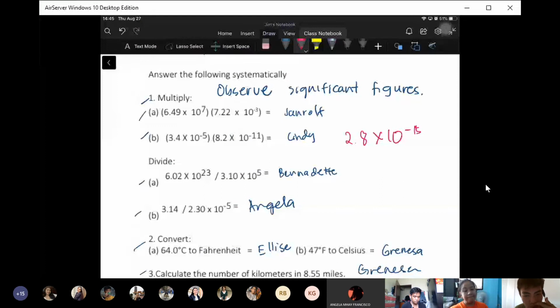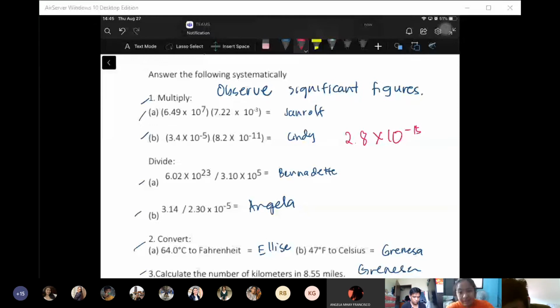Now, John Rolf's answer, which includes the temperature conversion. It needs 3 significant figures.